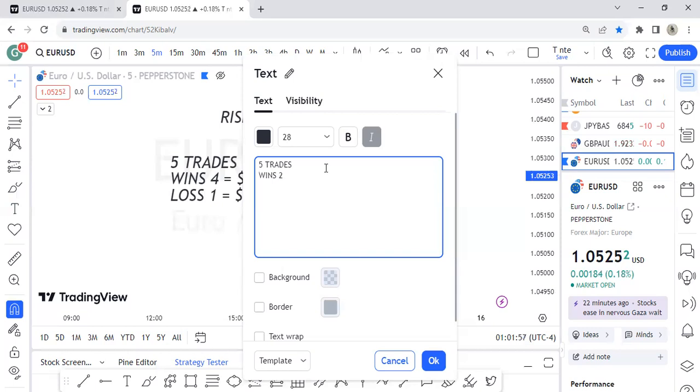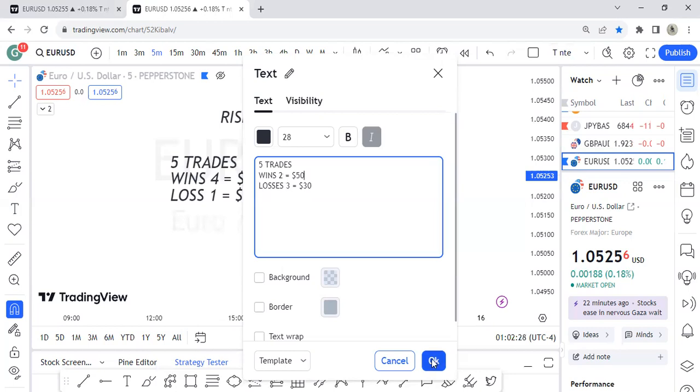He loses only $30 in total, and his wins are $50, so his average win is $25 per trade.